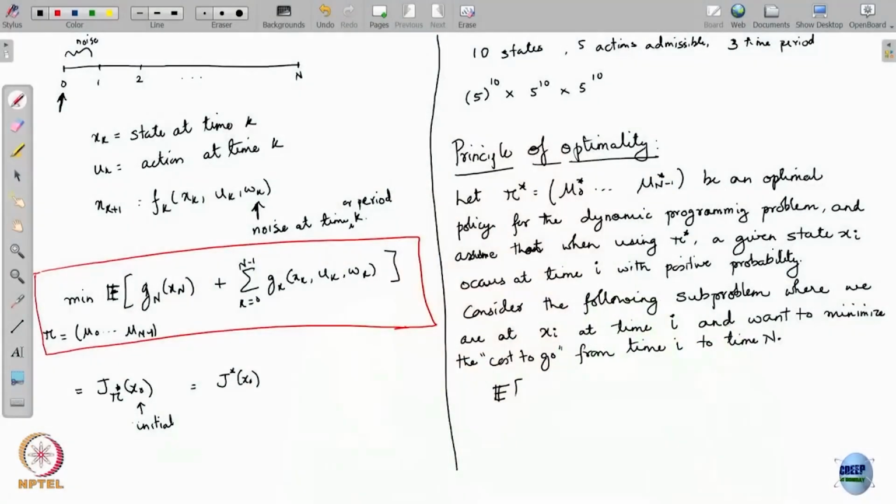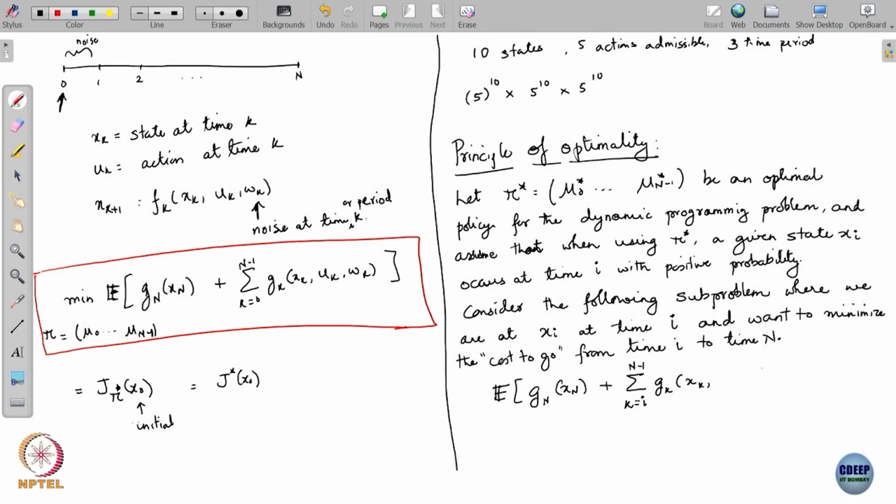This is what we call the cost to go. The cost to go is the expectation of the terminal cost g n of x n plus the cost from k equal to I till k equal to n minus 1 of g k of x k.